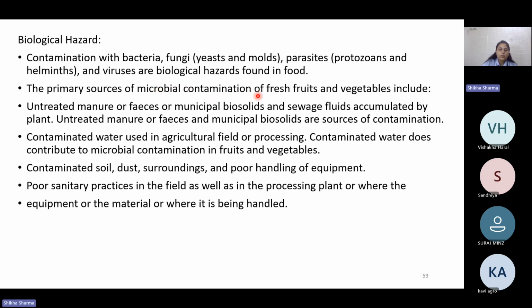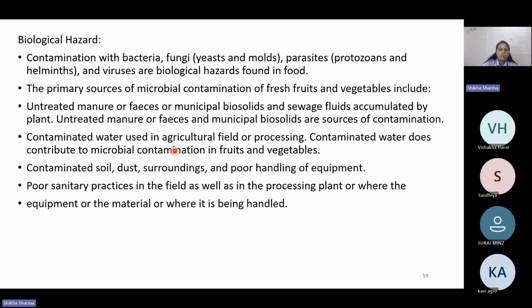Primary sources of microbial contamination can be untreated manure or municipal biosolids and sewage fluids accumulated in the plant, and untreated manure or feces. They are sources of contamination from where bacteria or fungi can come into food.